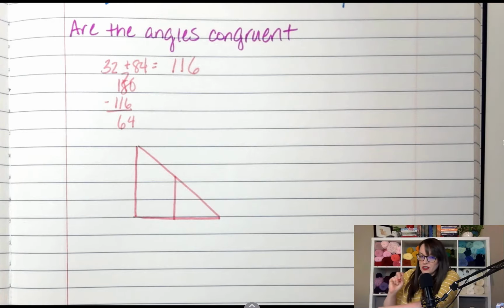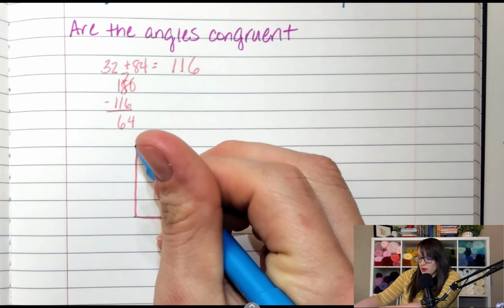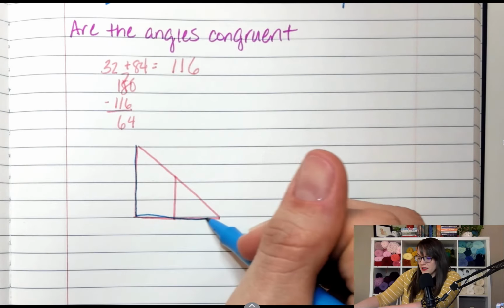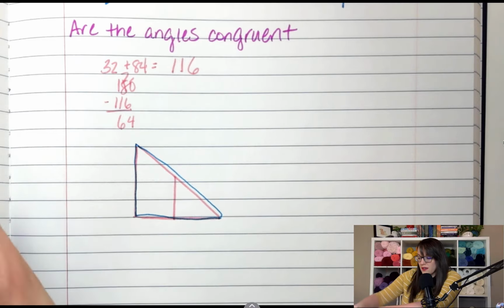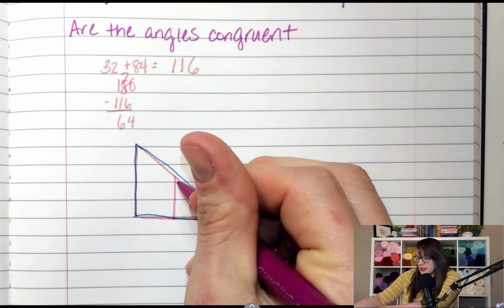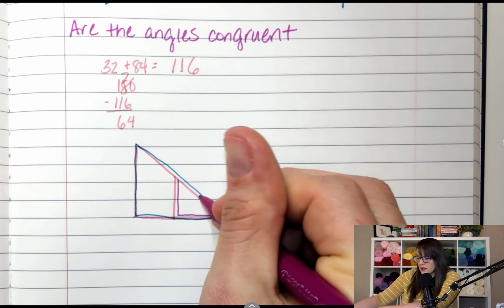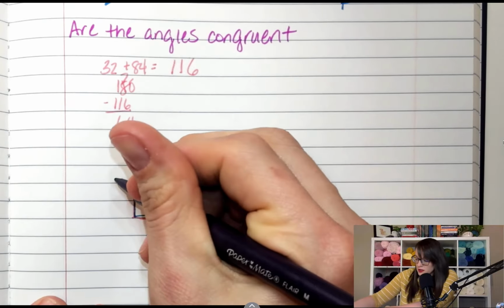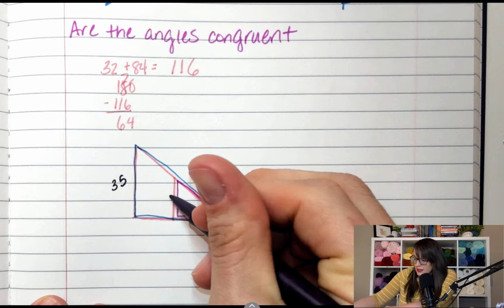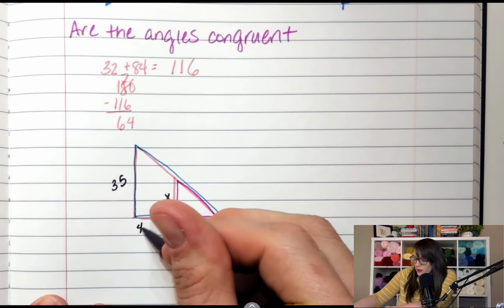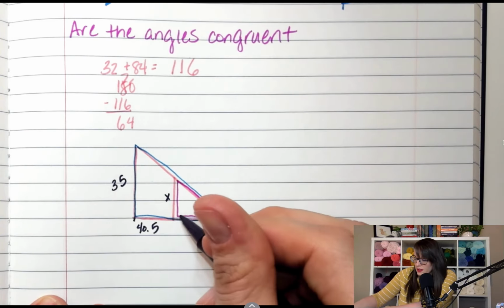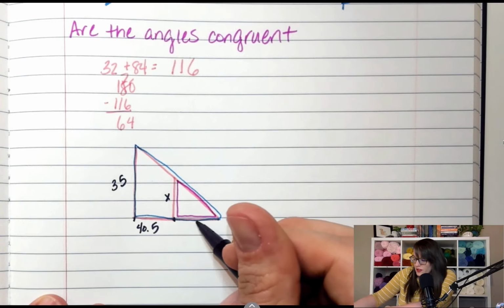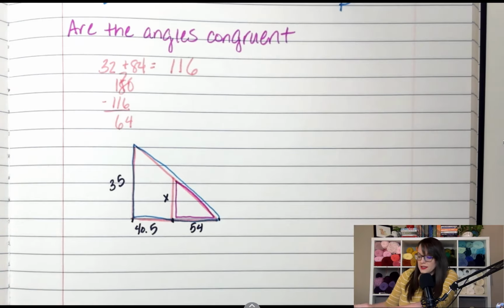So my suggestion is always to redraw when you see these shapes because you have one large triangle on the outside and then you have a smaller triangle embedded on the inside. And the measurements here are 35, x, 40.5 gets me from here to here, and then 54 gets me from there to there.